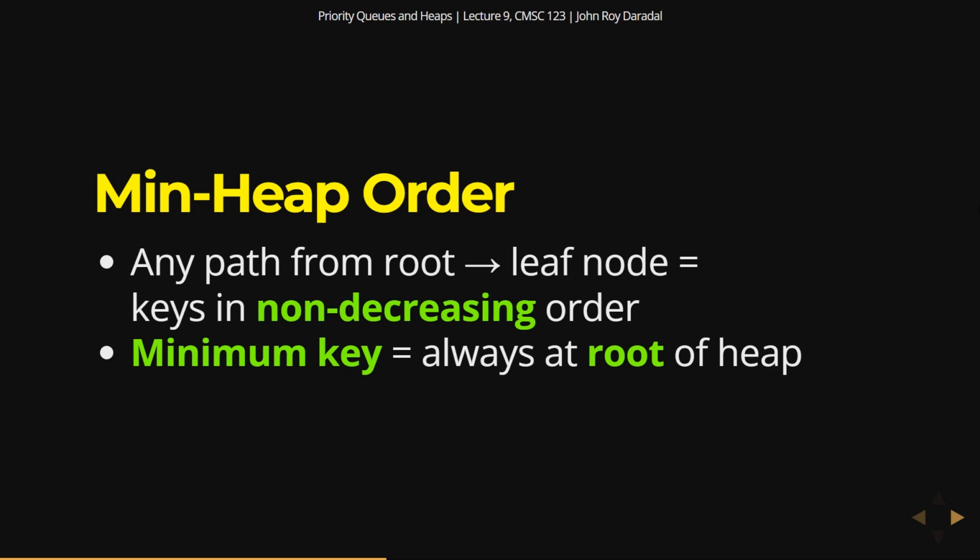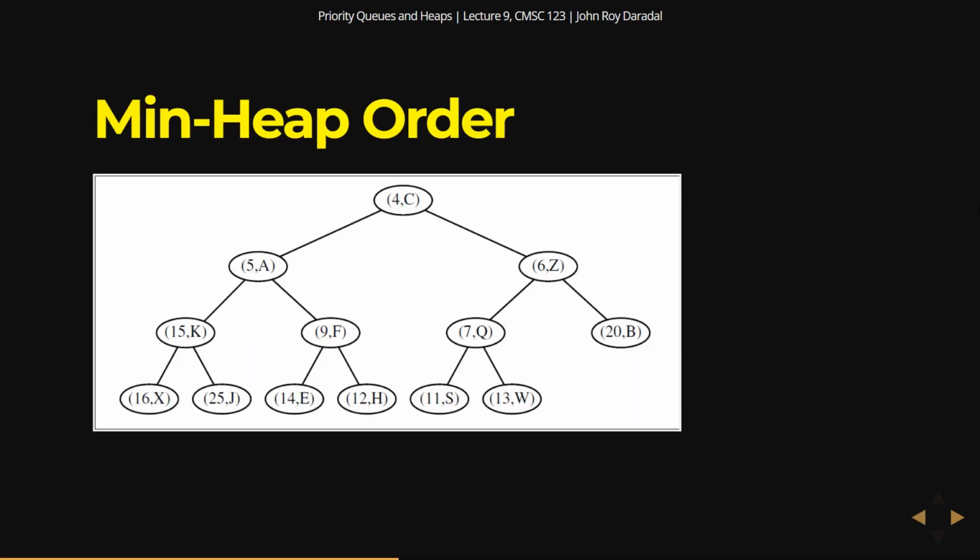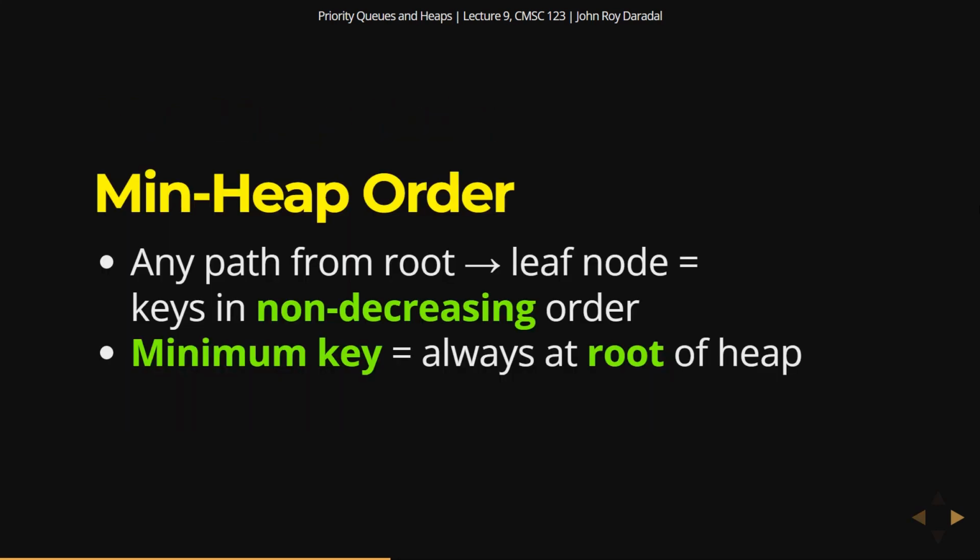Because the parent must be less than or equal to the key of the children, right? So the smallest one should be the greatest ancestor of them all, which is at the root. So going back here, any path from root to leaf would be non-decreasing.